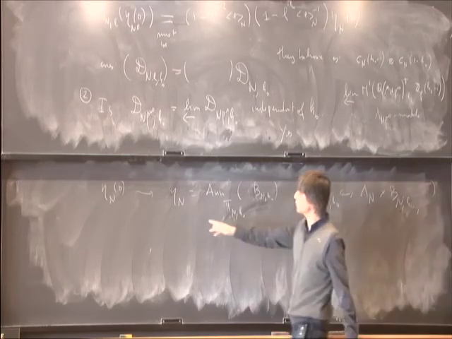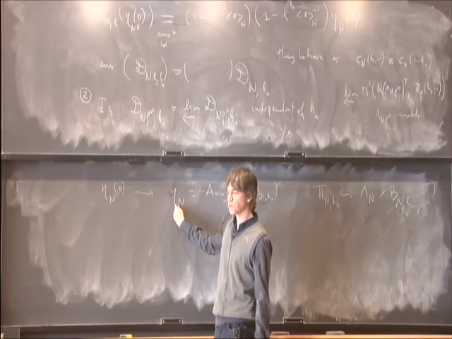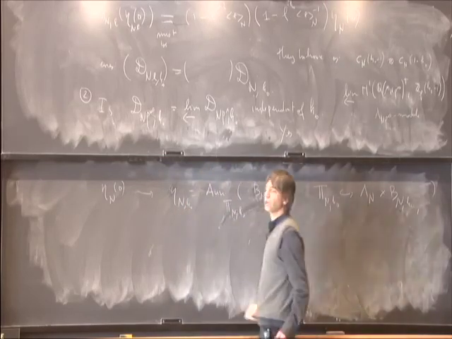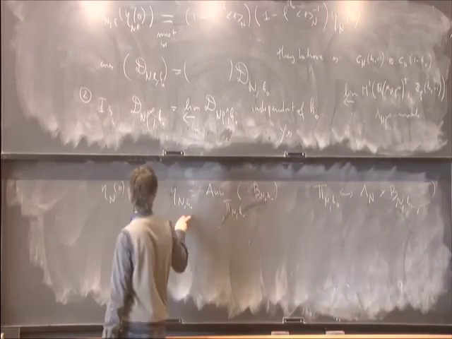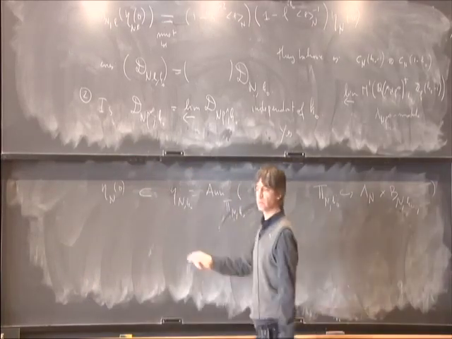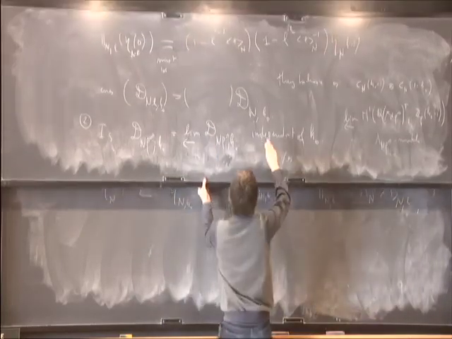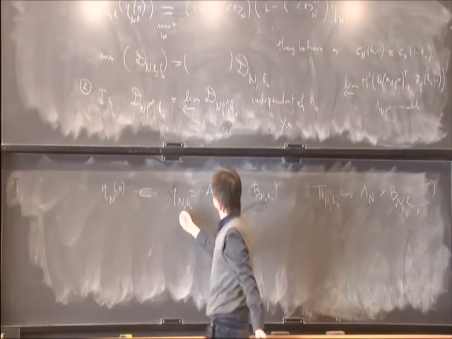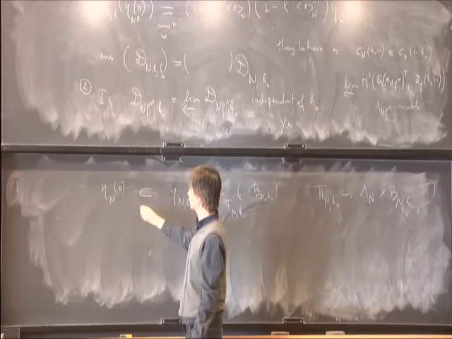So this is just the critical Eisenstein ideal. Of course, we have an inclusion like this, and this relation can be verified much more easily for this one than for this one.